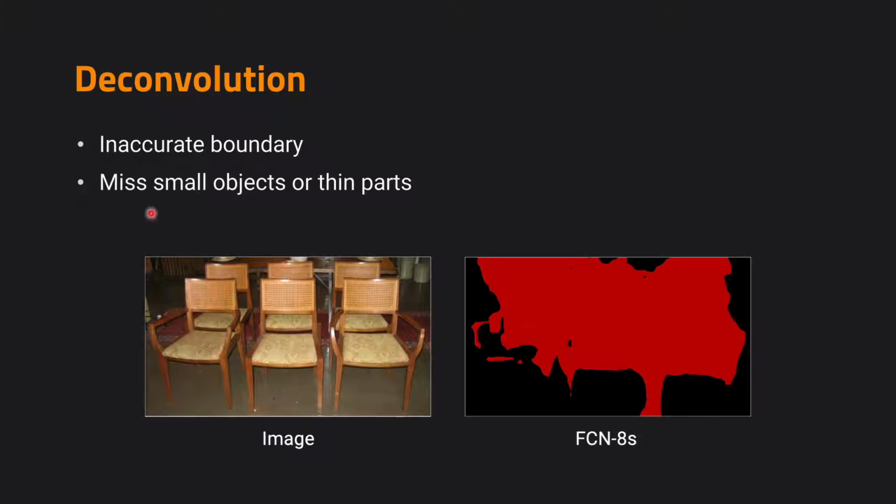And what's worse, it usually misses some small objects or thin parts from the original image. Like here, the output segmentation map for those chairs does not depict the existence of the chair legs, not even mentioning the boundaries of those legs.